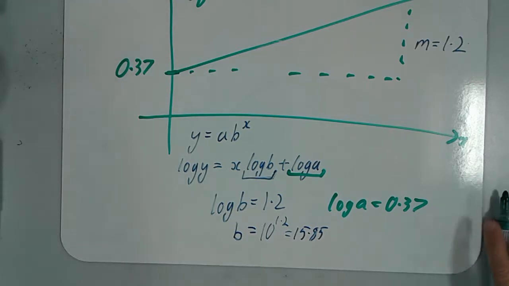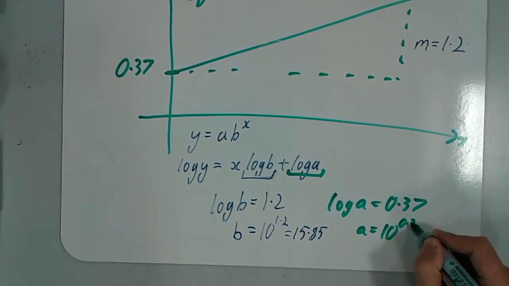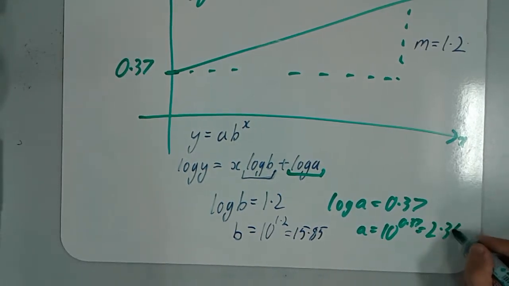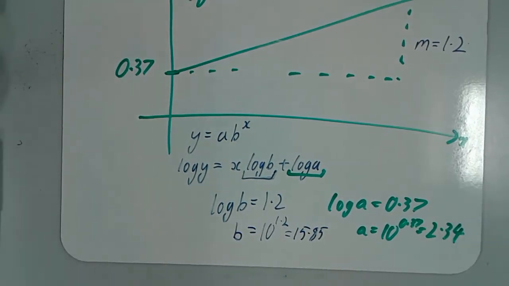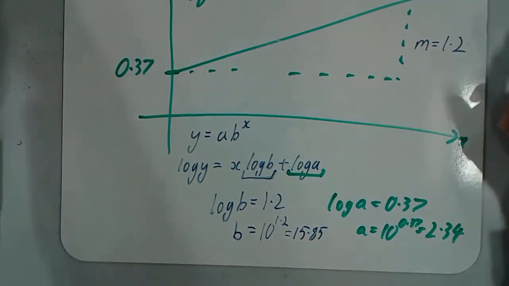And then here I'm similarly going to do 10 to the power of 0.37, and that tells me that a is equal to 2.34.